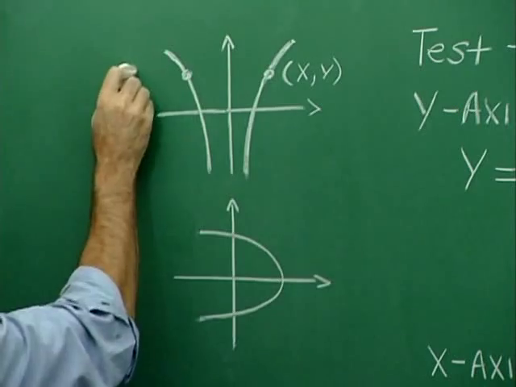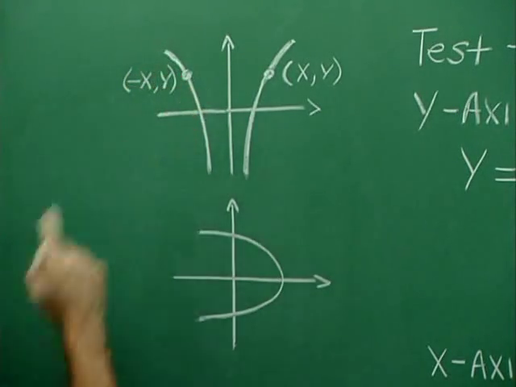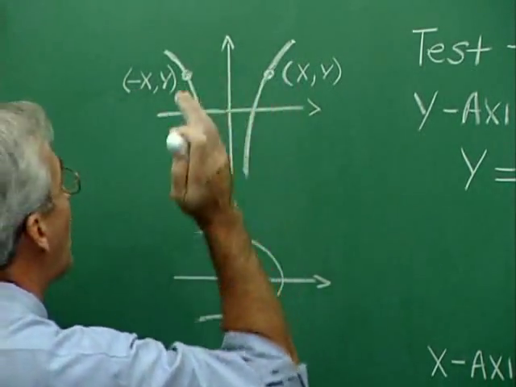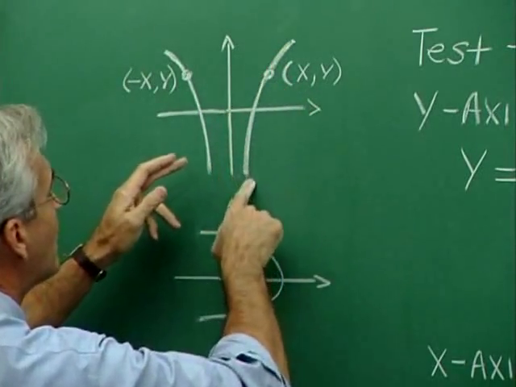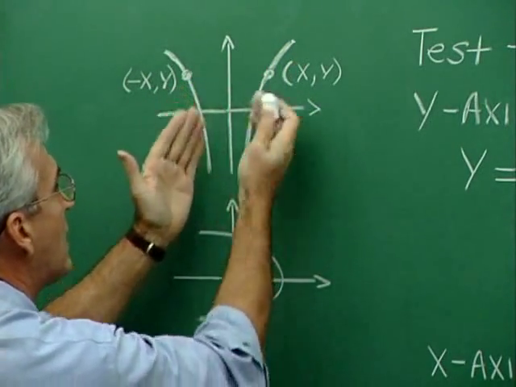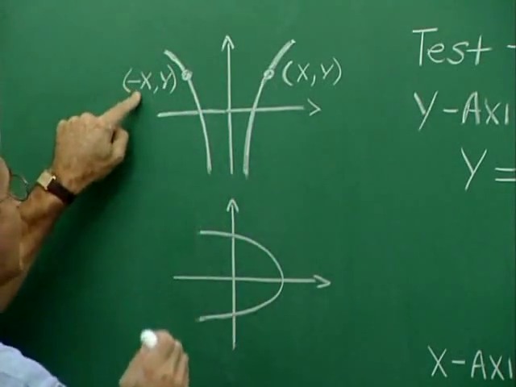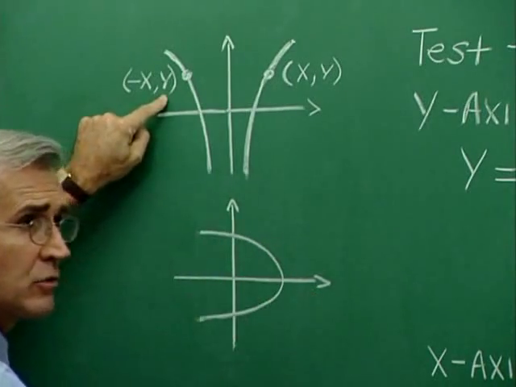So the coordinates here are negative x, y, and the y component stayed the same. This characteristic is true for every single point on the graph. If we take any point over here, it could be this x, y. Therefore, if x, y is on the graph, then also negative x, y is on the graph. And that will become our algebraic test.